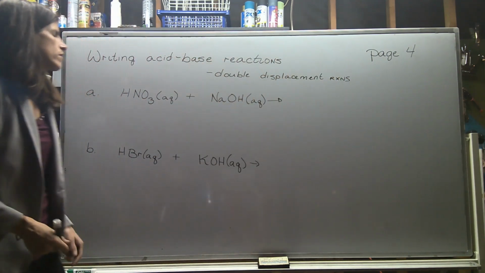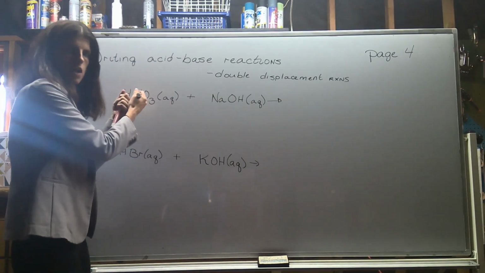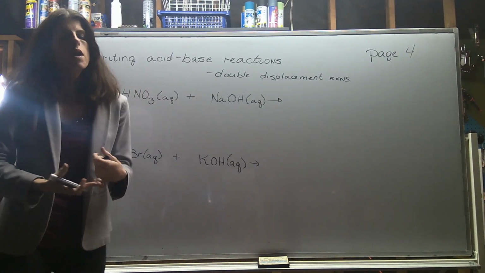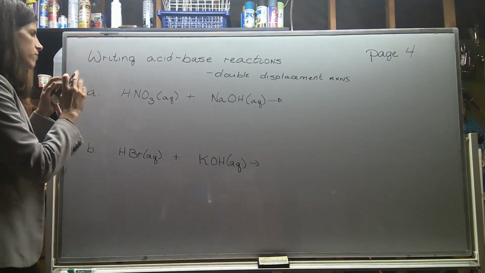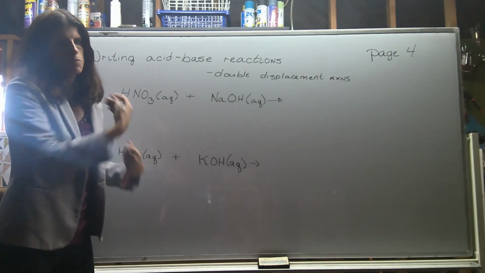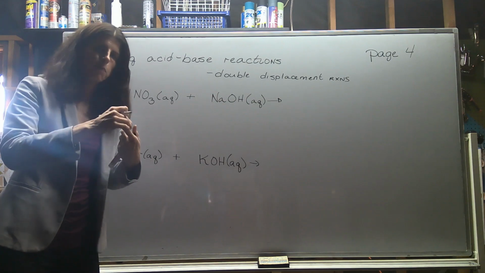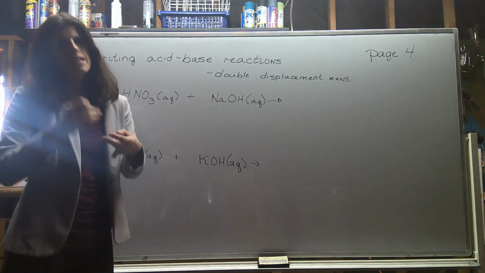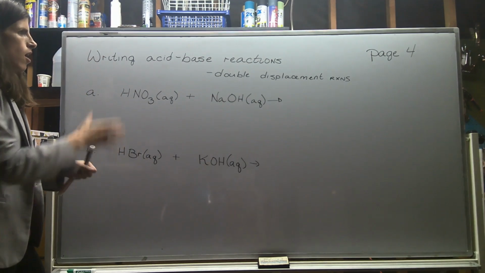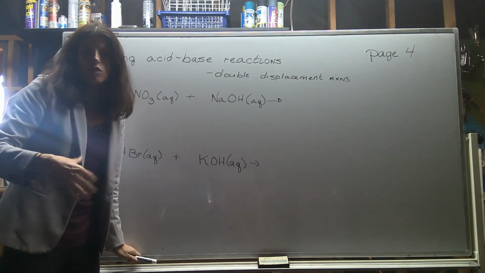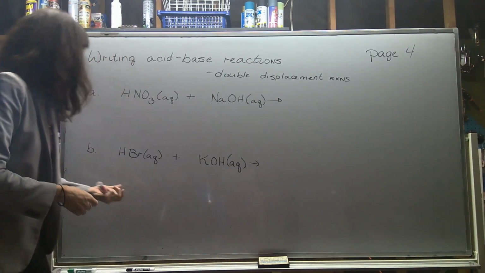It is important that you recognize that you have these couples here, but more specifically, you have couples that produce H+ and OH-. So you're not only seeing a couple, you're seeing an acid and a base. And that makes it a little bit harder, I think, than just the precipitation reactions.